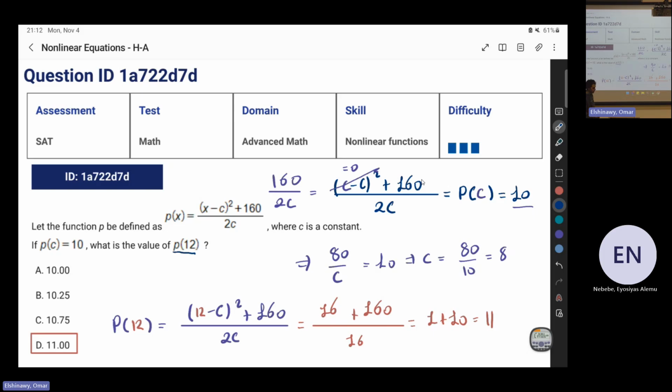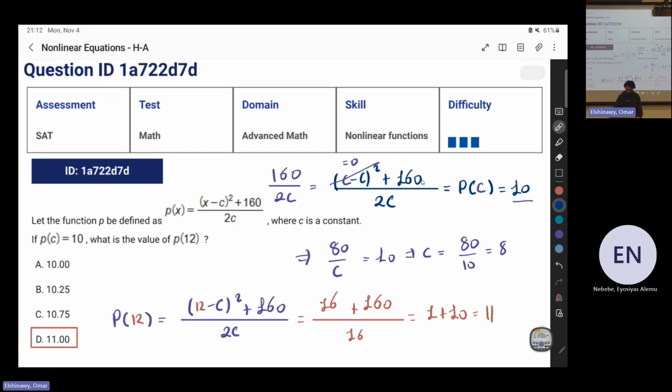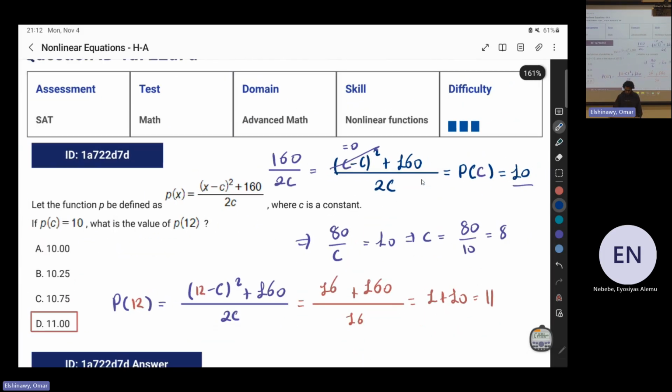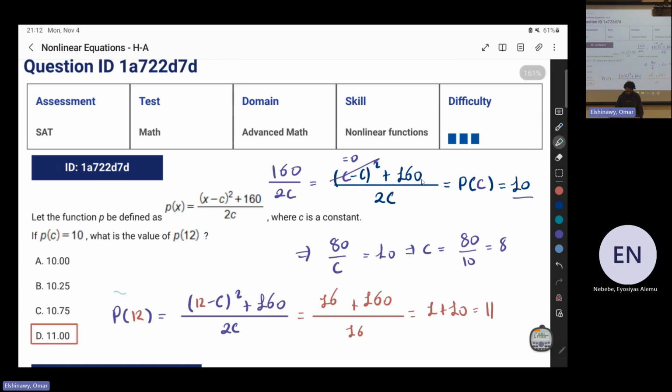Now, let's say you try to do this without looking at C. So what you would do basically is this. You write this down, it's correct, but you still need to find the value of C to be able to determine the final answer.